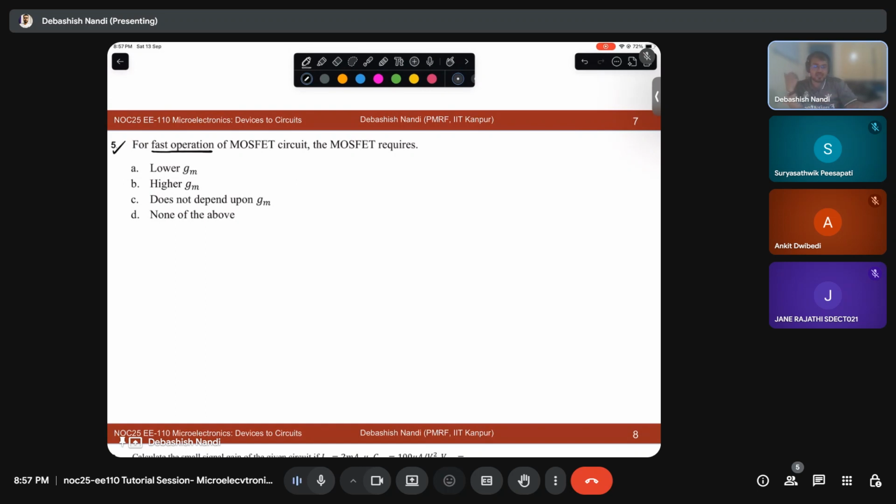What do we mean by fast operation? Low propagation delay. So TP should be lower, right? Fast means TP should be lower. So when will TP be lower? When my R1 is lower, right?